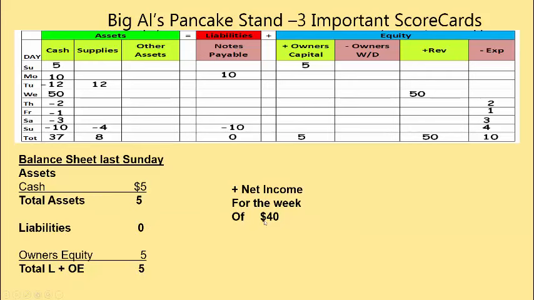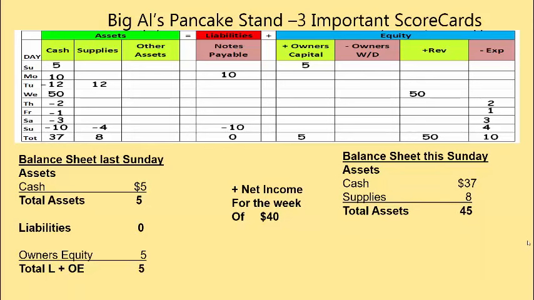And if you add the net income for the week, that should hopefully connect with and agree with the balance sheet that we have at this Sunday. So this Sunday, which is really the bottom line right here of this little grid, we've got assets, cash 37, supplies are 8, total assets are 45, liabilities are 0, owner's equity is 45, and that was the 50 minus the 10 plus the $5 for the equity there, that investment.